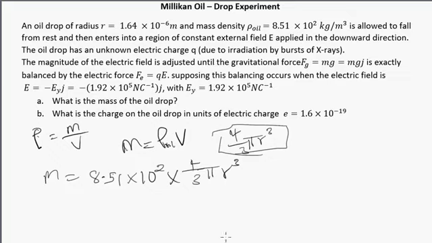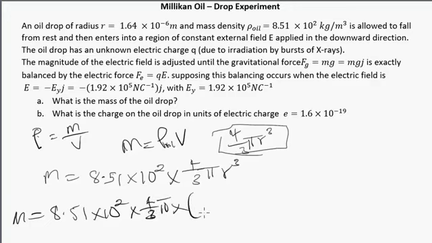So this gets the question solved much more easily. So we'll go ahead and write m, which is the mass, is equal to 8.51 times 10 to the power of 2, then times 4/3 pi, times our r, which is 1.64 times 10 to the power of -6, and we'll raise this to the power of 3.